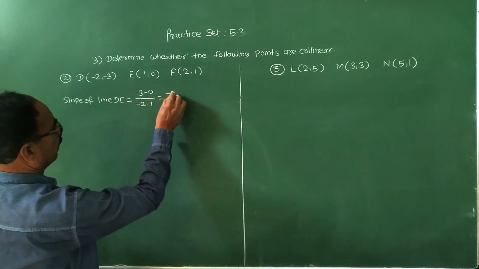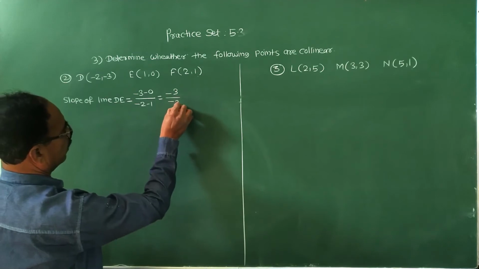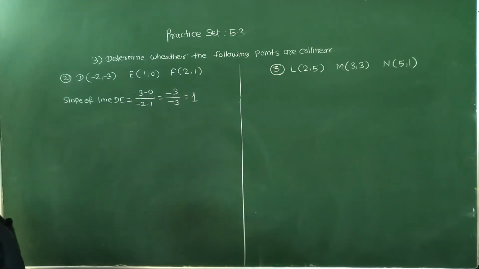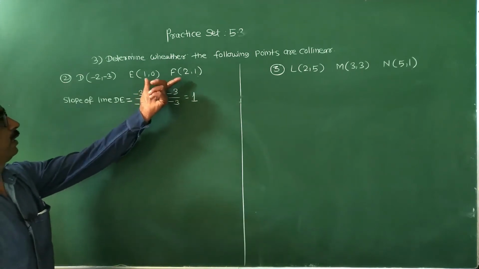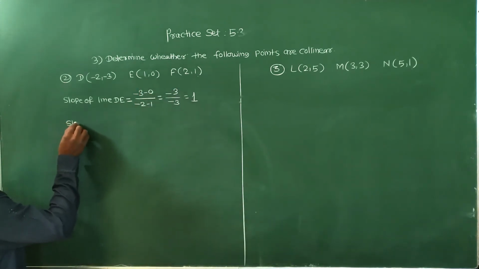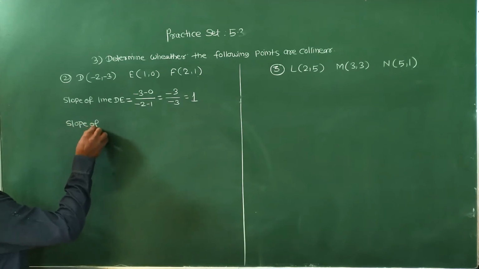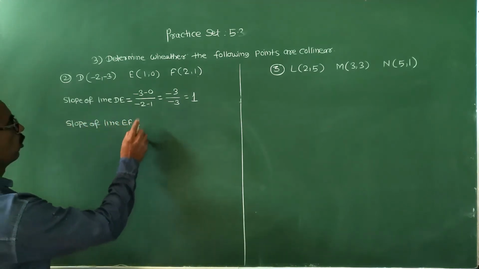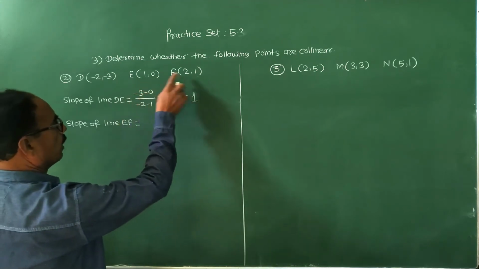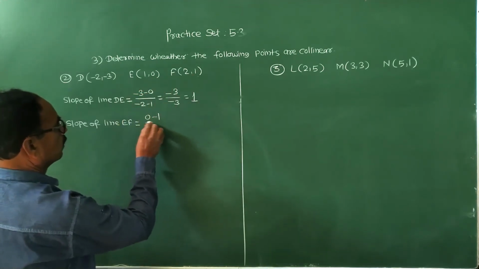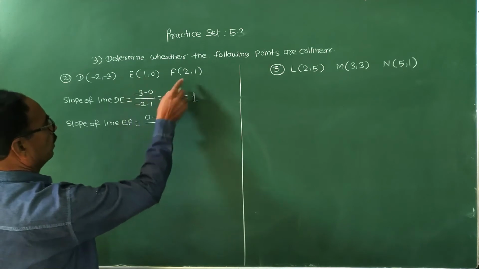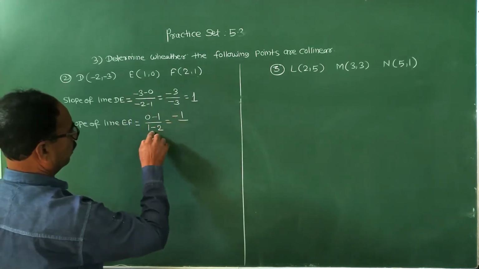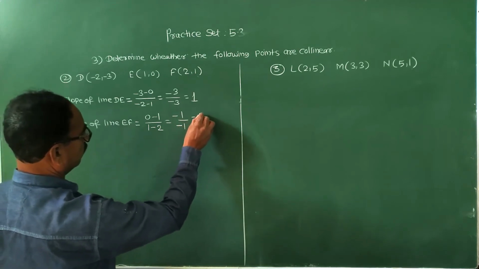So this will be -3 upon -3, which will be equal to +1. So the slope of line DE is 1. Then find the slope of line EF. The slope of line EF will be equal to (0 - 1) upon (1 - 2), which will be -1 upon -1, which is 1.